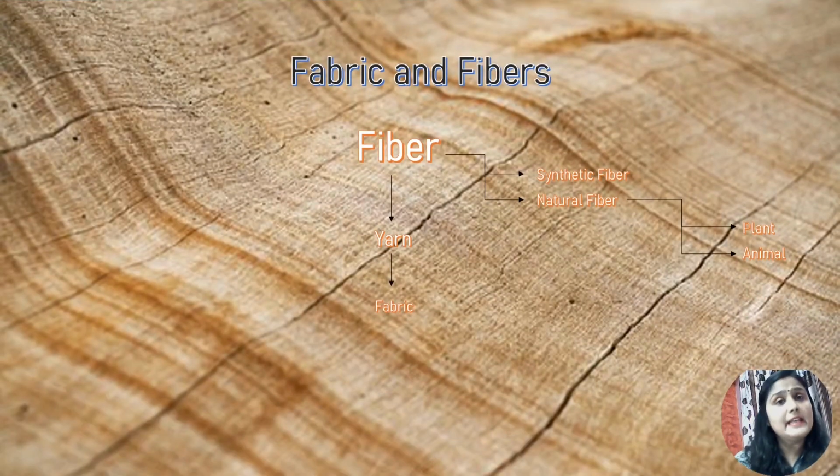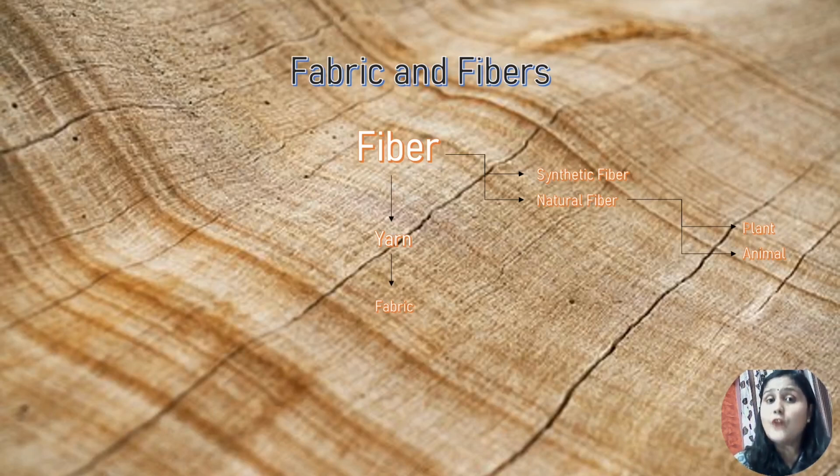Next thing is fabric and fibers. Well, we get fiber naturally from plants and animals. We can say the fibers are of two types, natural fibers and synthetic fibers. The source of natural fiber is plants and animals, whereas synthetic fibers are made by chemicals.